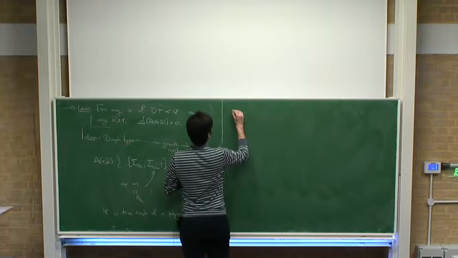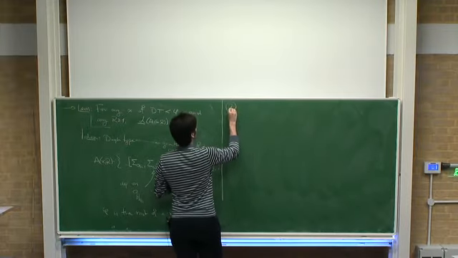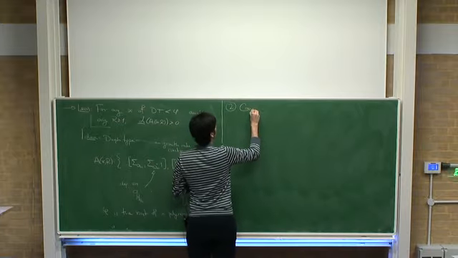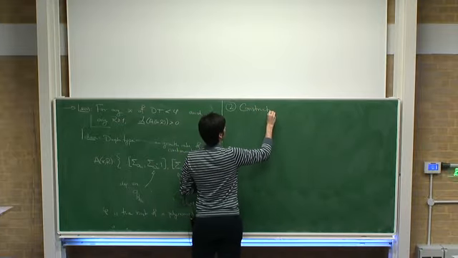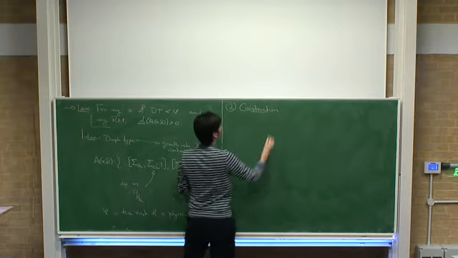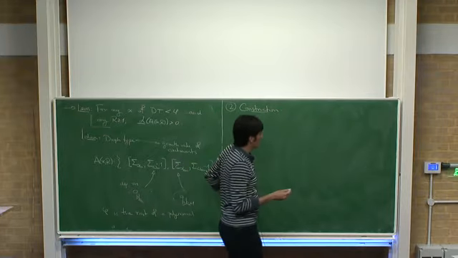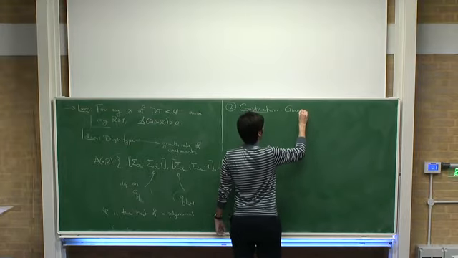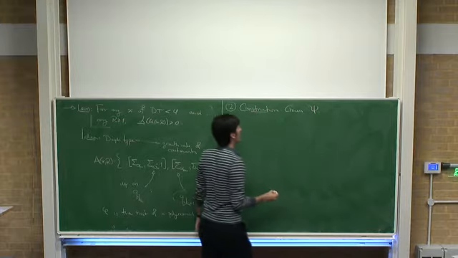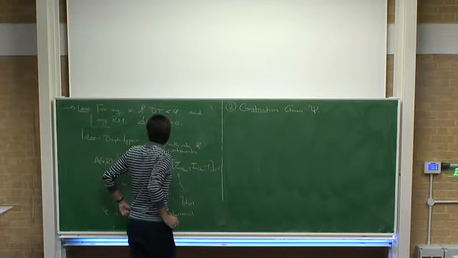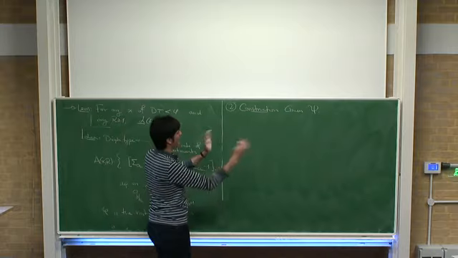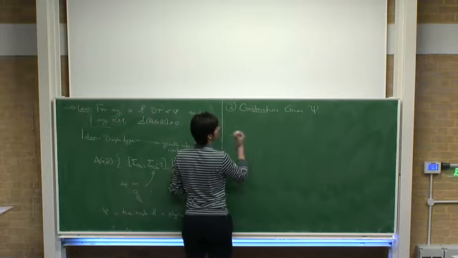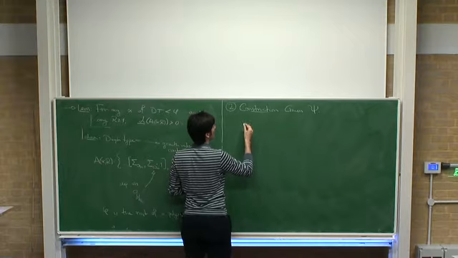So the first thing was density considerations. The second thing is you can just proceed by a construction. So say we're given psi. We know from the key lemma what the sum is that we're trying to make blow up.